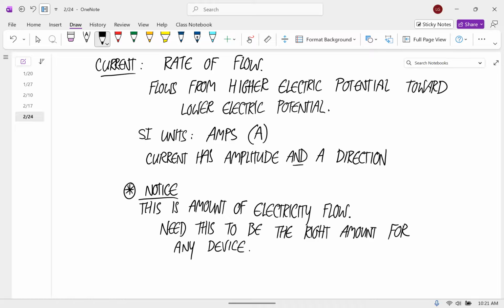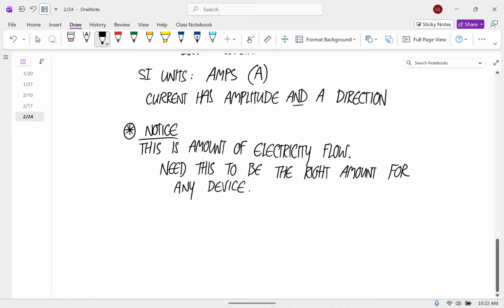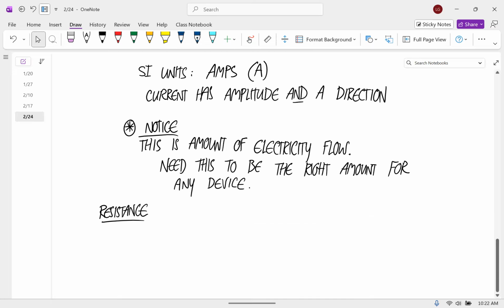And then the last one of these is resistance. And you can think of resistance as equivalent to the narrowness of the pipe.